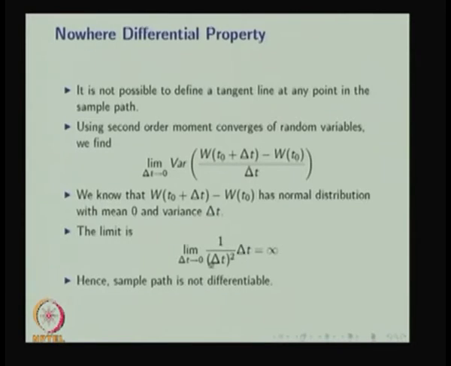Therefore you will get infinity as delta t tends to 0. Since this limit is equal to infinity, we conclude the sample path is not differentiable at t0. Since t0 is an arbitrary time point, it is nowhere differentiable, or the sample path is not differentiable at every point, every time.